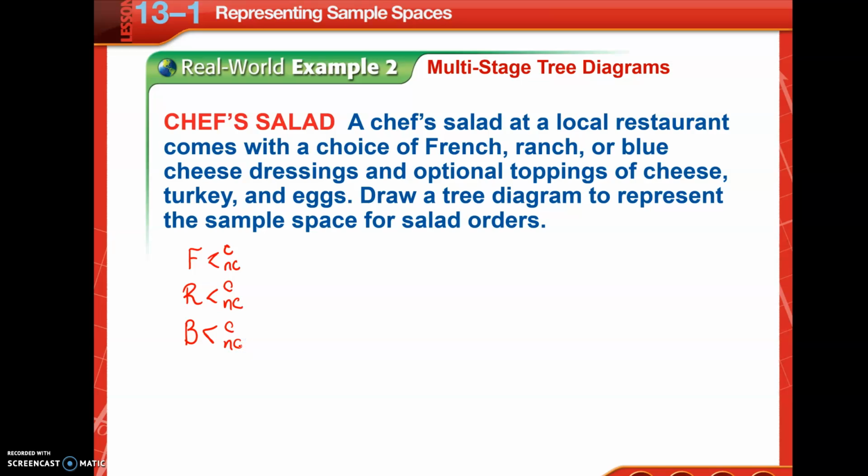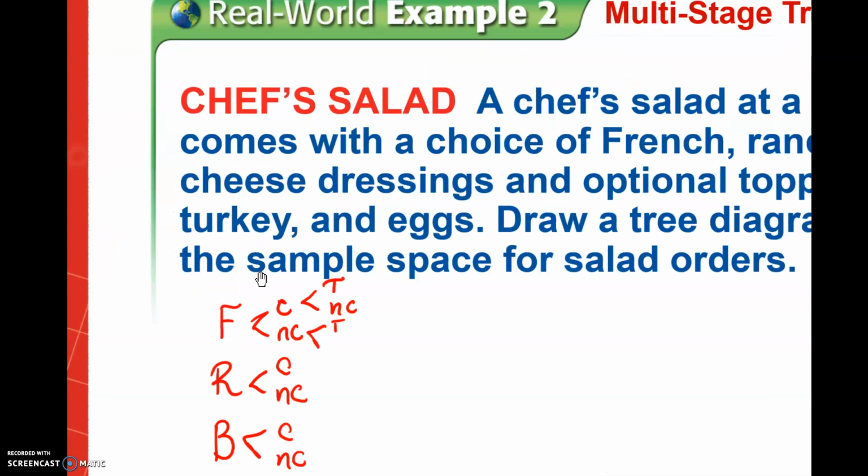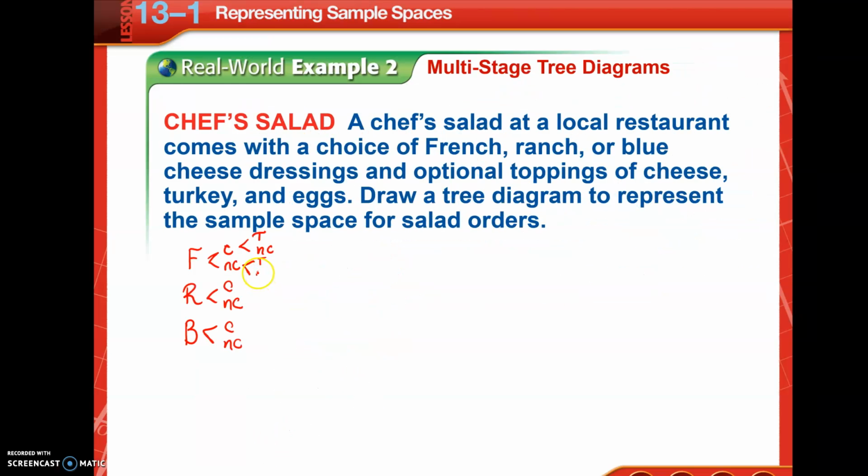So there's stage 2. And then from there, I could have chosen turkey or no turkey. I probably should have made this bigger. And then with each of those, I could have then chosen eggs or no eggs.